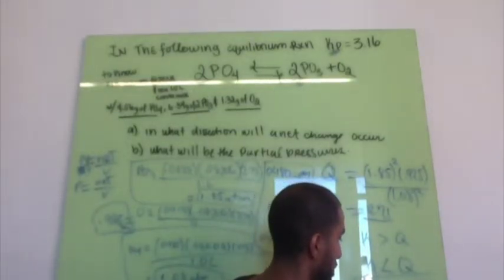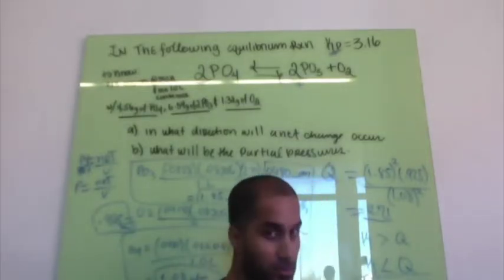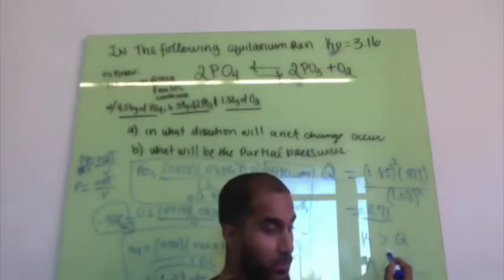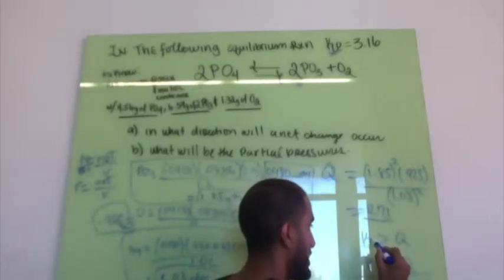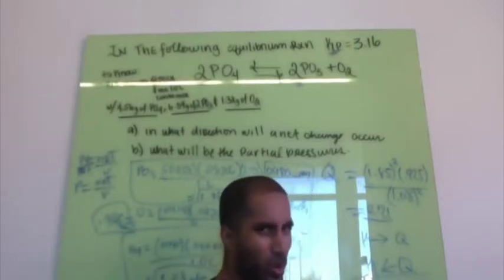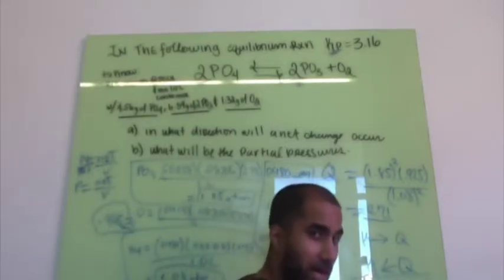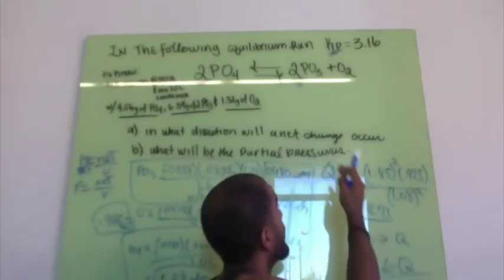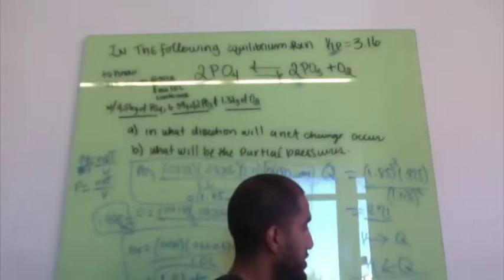Now 3.16 is greater than 2.71. I just like to draw a line through here. This always reminds me which way the reaction will go, depending on the concentration or, as we have here, the pressure.